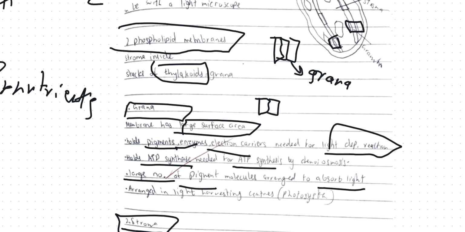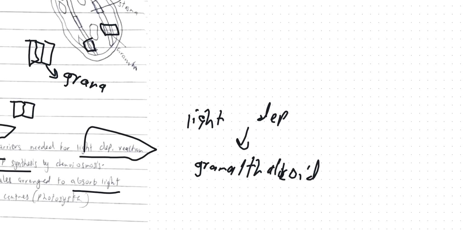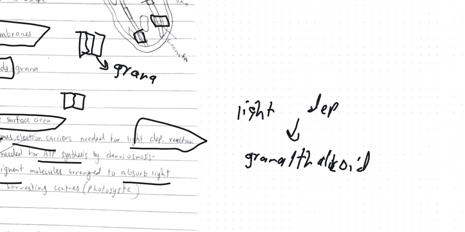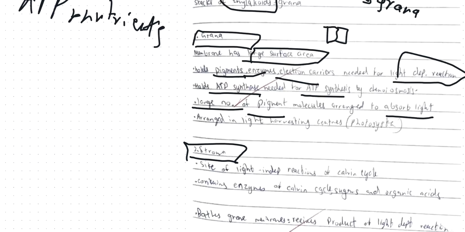So all of the light-dependent reaction is happening in the grana, or the thylakoid. Remember, all of the light-dependent stuff that is needed, all of this ATP synthase, enzymes, pigments, all of the stuff you need to make ATP, is present inside the grana.